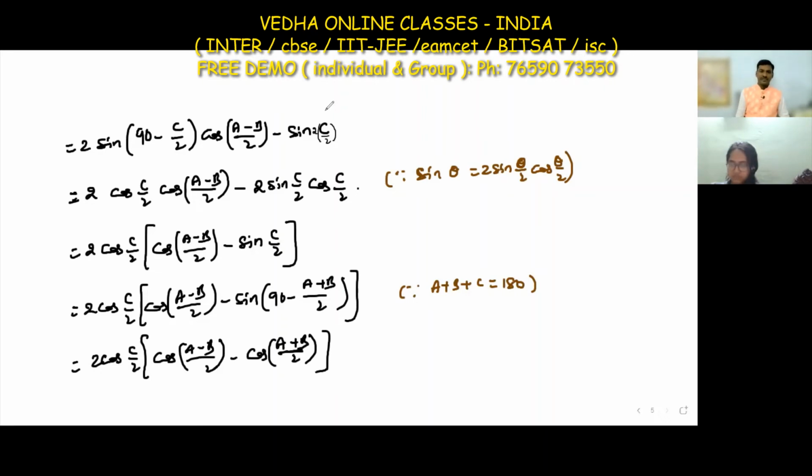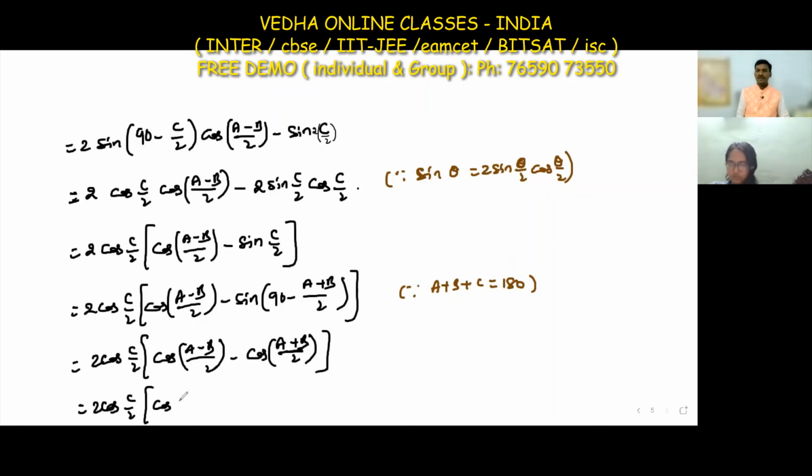So this is equal to 2 into cos of C by 2 into, okay, cos A minus B formula is cos A cos B plus sin A sin B, right? We have a minus sign, cos is a cos formula, so the first part gets cancelled and we get the second part.